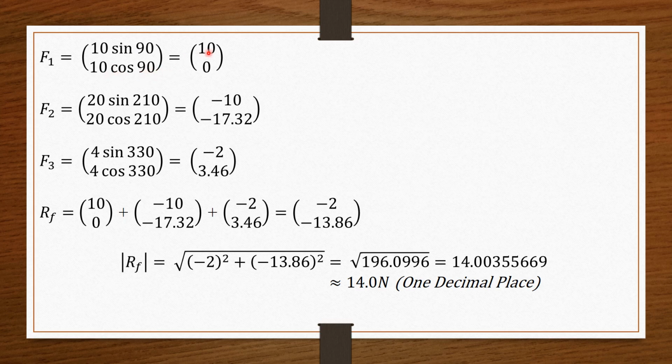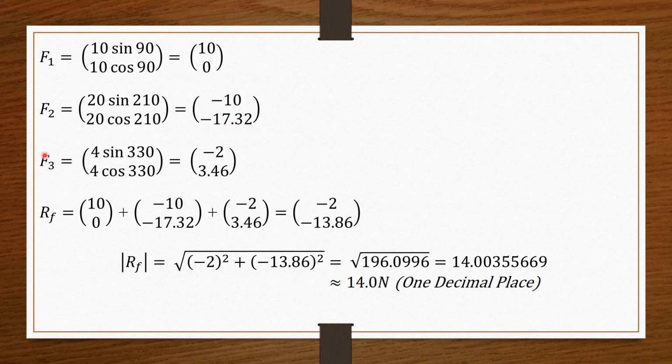So that will give us 10, 0. Okay, x is 10, y is 0. Now for F2 I'll have 20 sine 210 for horizontal component, and then for vertical component I have 20 cos 210, and that is minus 10 for x, and then minus 17.32 for y.